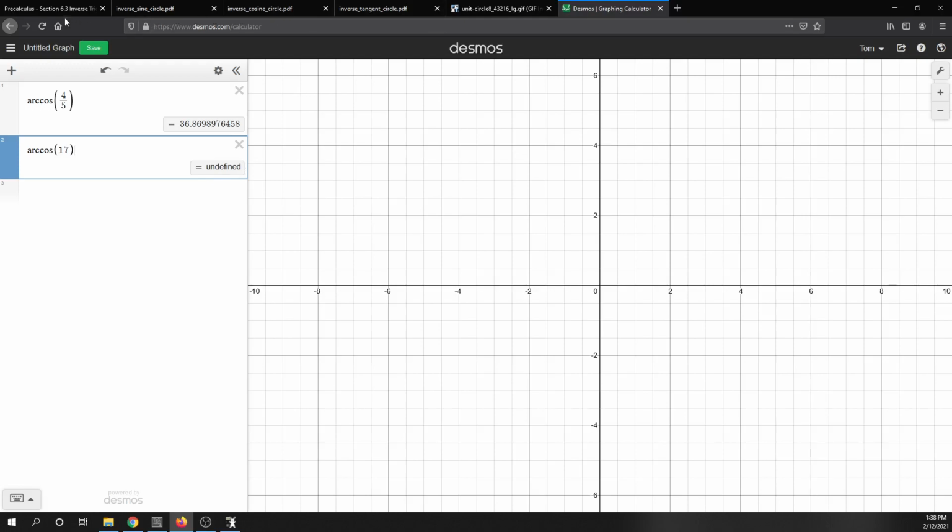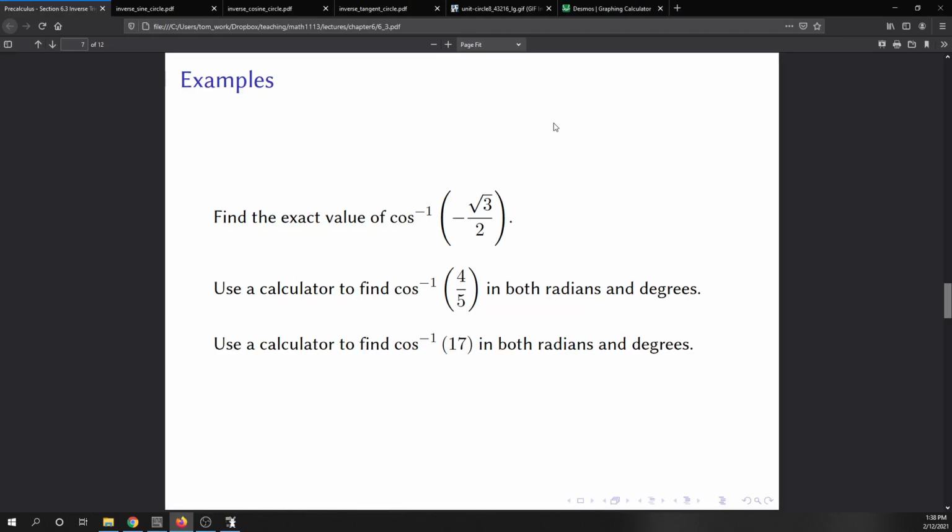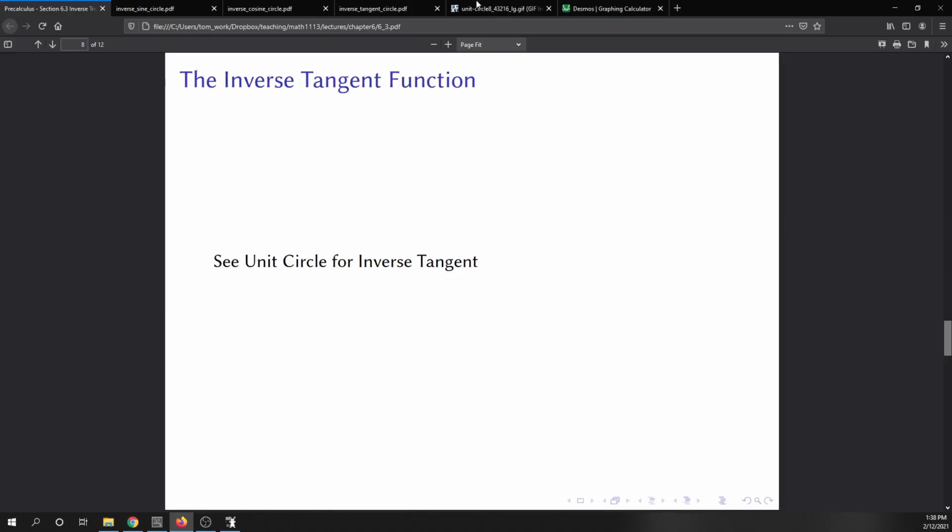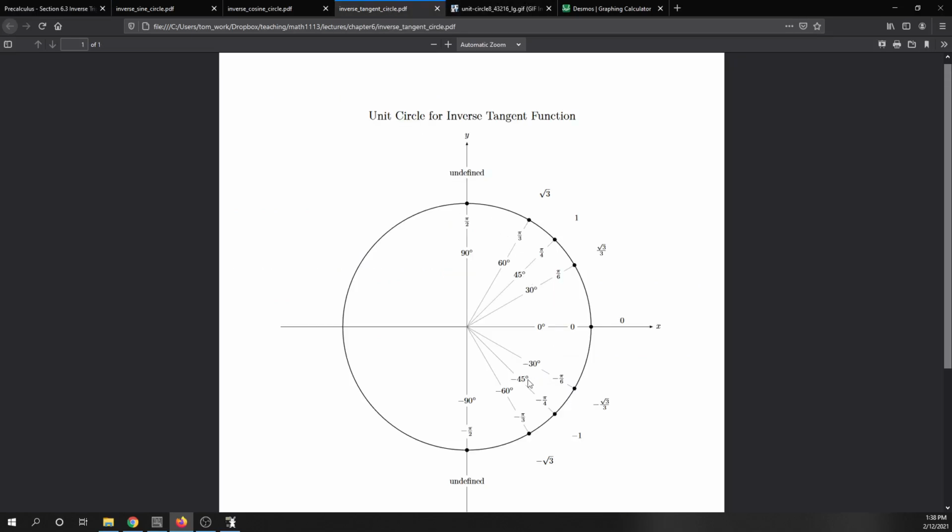All right, next one is inverse tan. And here's the unit circle. It's over here again from -pi/2 to pi/2. Remember, inverse tangent is going to be undefined at -pi/2 or pi/2, right?